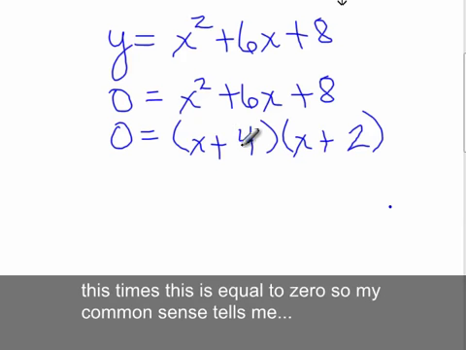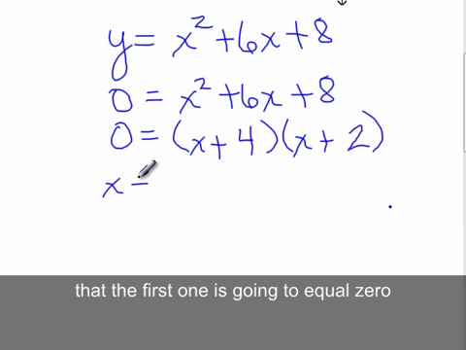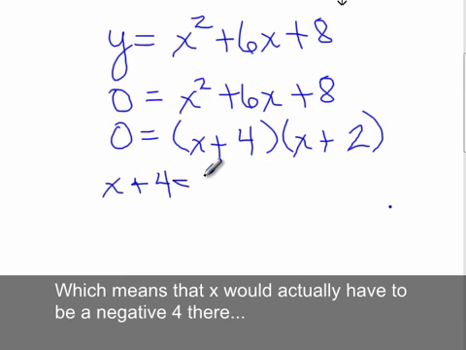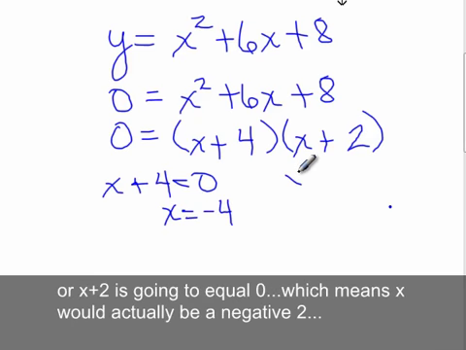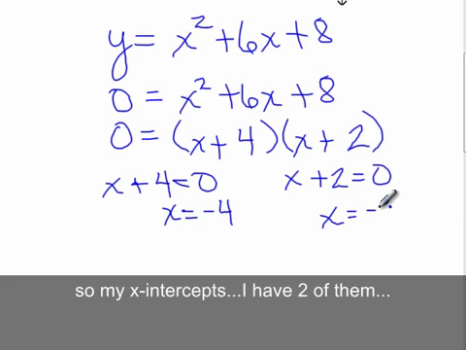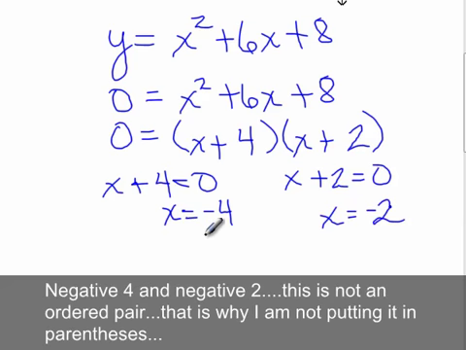Now this times this is equal to 0, so my common sense tells me that the first one is going to equal 0, which means x would actually have to be a negative 4 there. Or x plus 2 is going to equal 0, which means x would actually be a negative 2. So my x-intercepts, I have 2 of them. Negative 4 and negative 2.